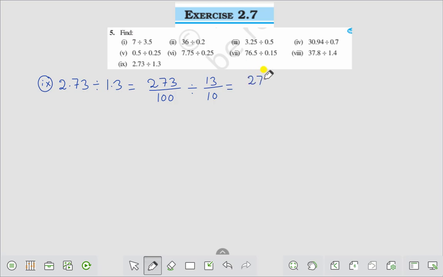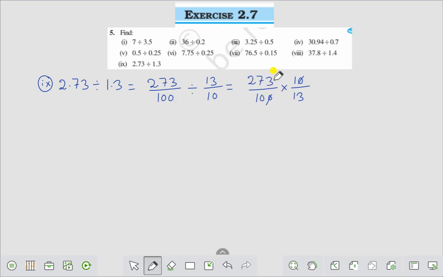That can be written as 273 by 100 multiplied by the reciprocal of 13 by 10, which is 10 by 13. 10 will cut here.